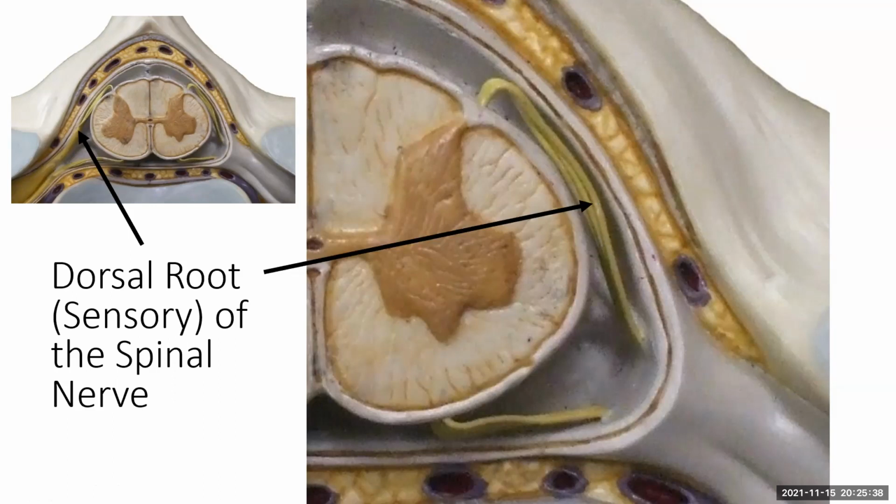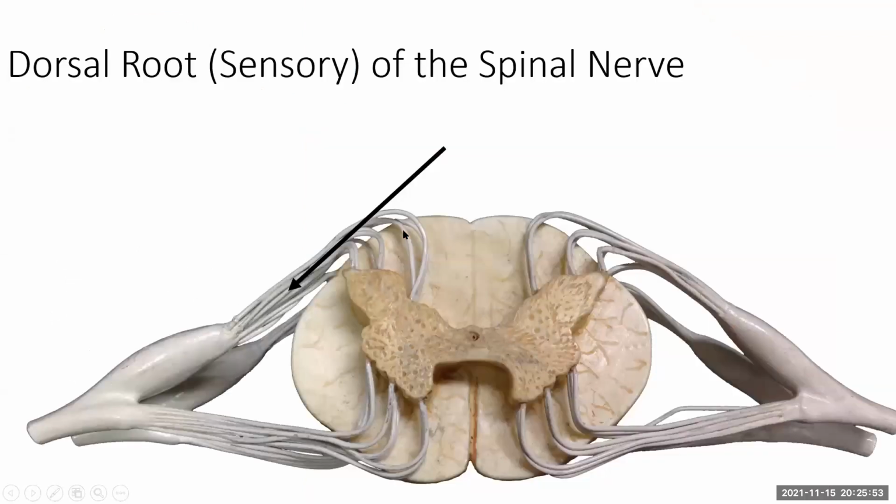So there's three different things that you can call it: the dorsal root of the spinal nerve, the posterior root of the spinal nerve, or the sensory root of the spinal nerve. It contains sensory axons, sensory input coming into our spinal cord. Here you can see all that structure right there, the dorsal root of the spinal nerve, posterior root.